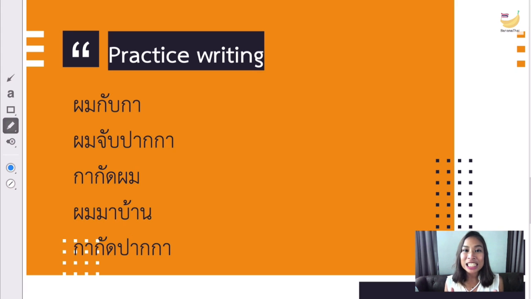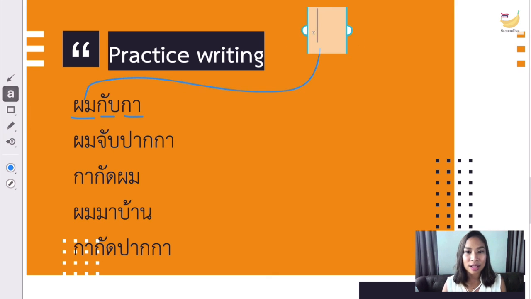Before finishing this lesson, I would like you to also practice writing like this one. First one, read first: ผมกับกา. You haven't learned these, so you will see. For man, this one is ผม, as I for male.